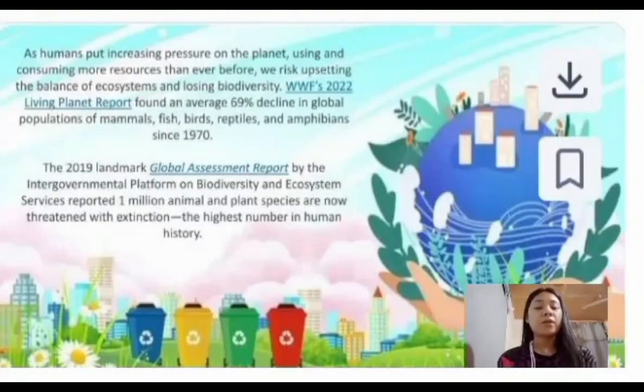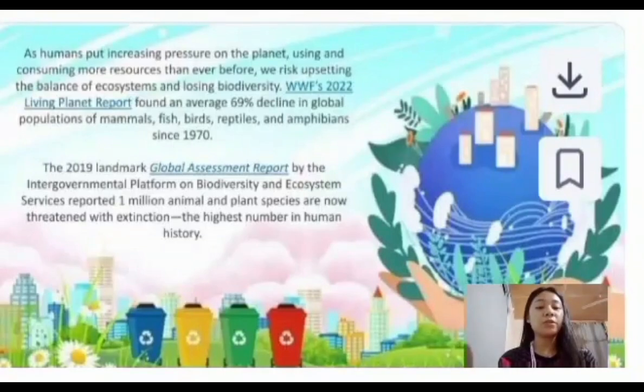The 2019 landmark global assessment report by the Intergovernmental Platform on Biodiversity and Ecosystem Services reported that 1 million animal and plant species are now threatened with extinction, the highest number in human history. The reports show that humans are using too many natural resources, and this is destroying the balance of nature.